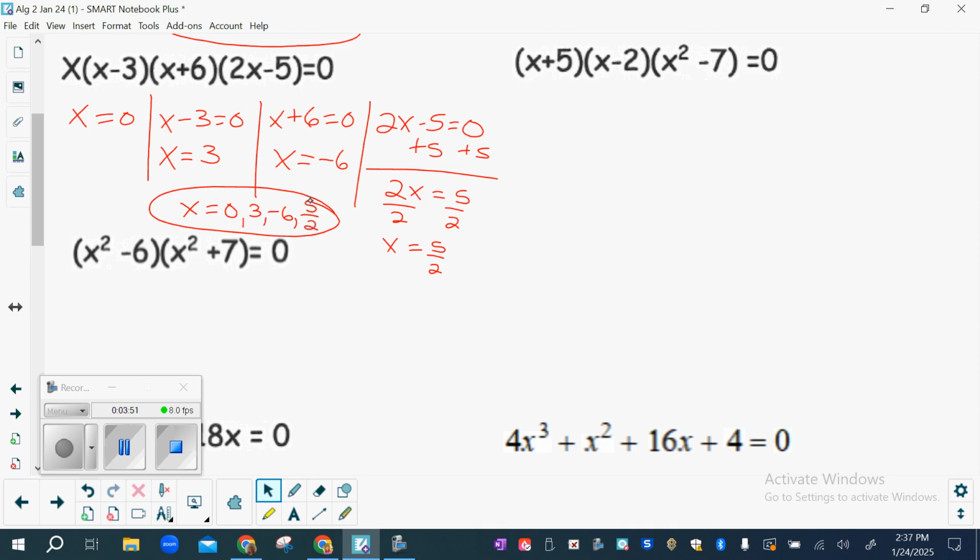So it's going to get a little harder. Next one, what do we do? Same thing. X plus 5 is 0. X minus 2 is 0. X squared minus 7 is 0.